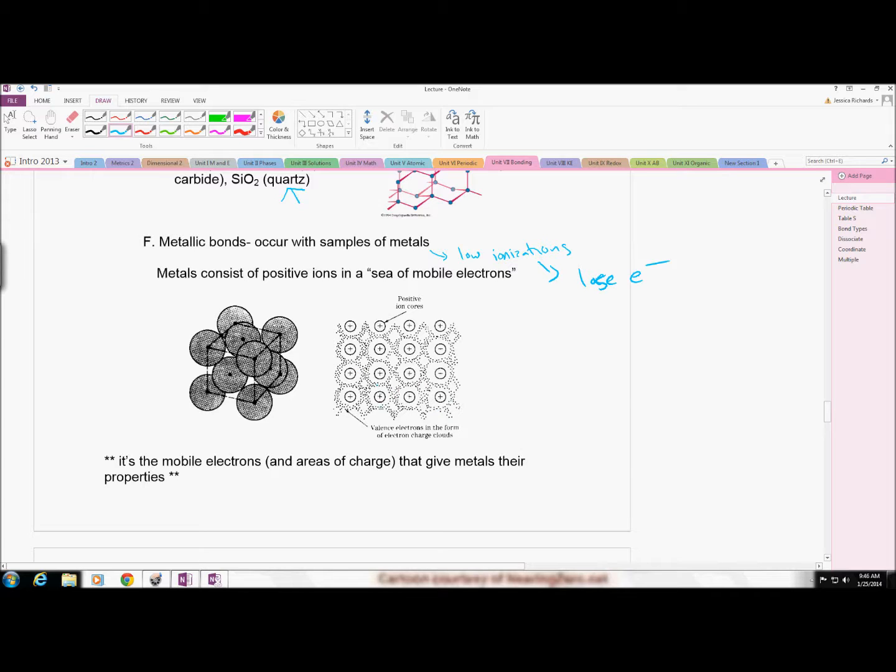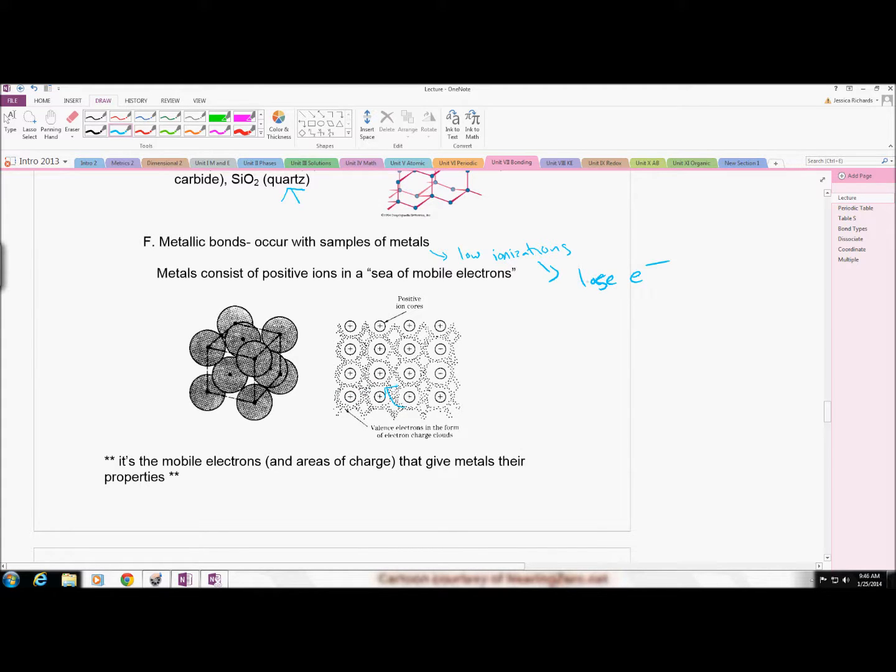So the electrons float around the nuclei. Overall, it's neutral. They arrange themselves so there is generally the same distance between the atoms because they can only pack together so tight because they're round. But we have positive ions in this sea of mobile electrons.